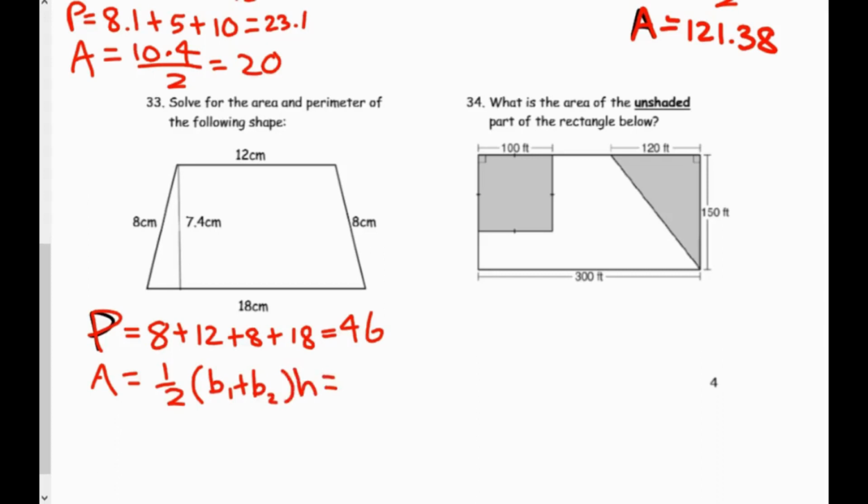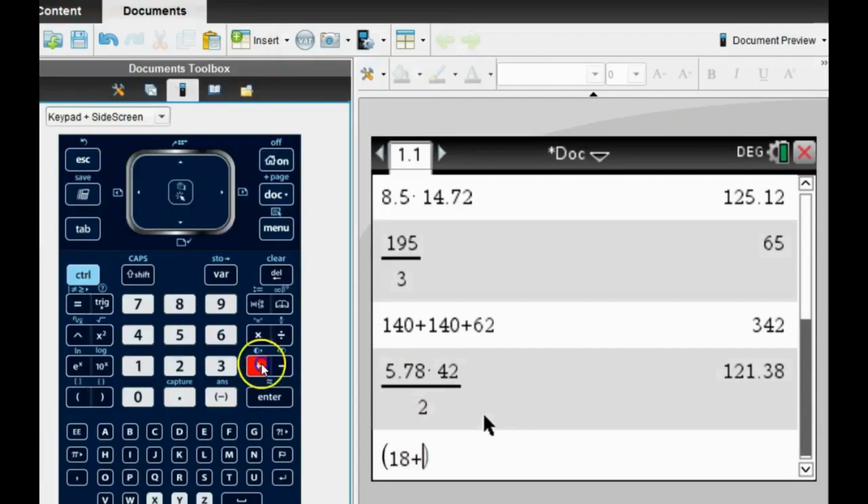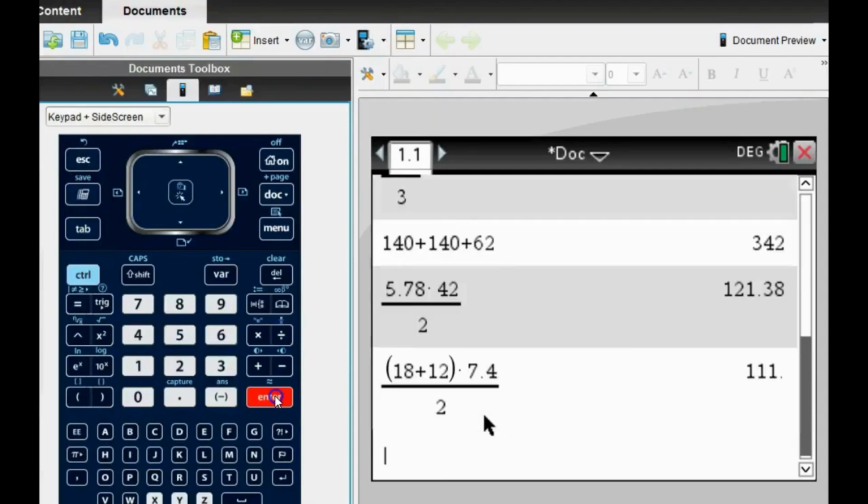So it equals base 1 plus base 2, 18 plus 12, times the height, 7.4, divided by 2. Okay. 111.